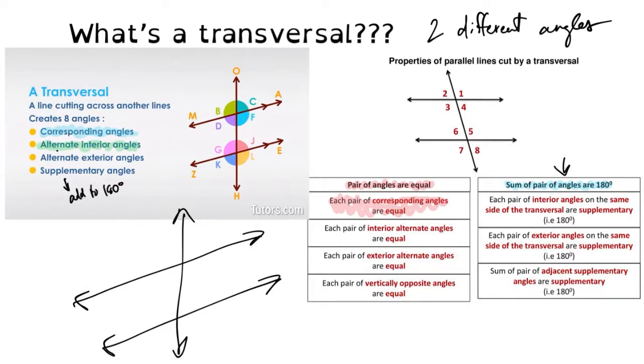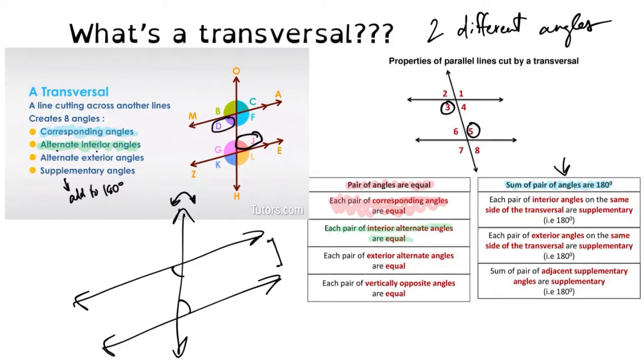Alternate means they're on opposite sides of the transversal. Interior means they're in between the parallel lines. So alternate interior angles would be like angle D with angle J, or 3 and 5, or this angle with this angle. They're going to end up being equal. Again, this is one of those that is equal.